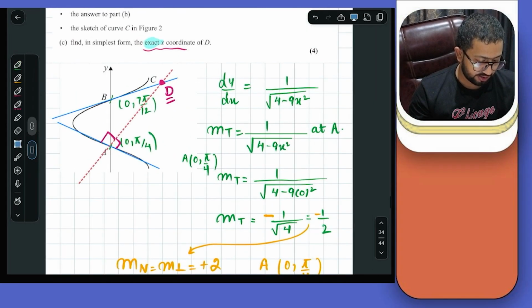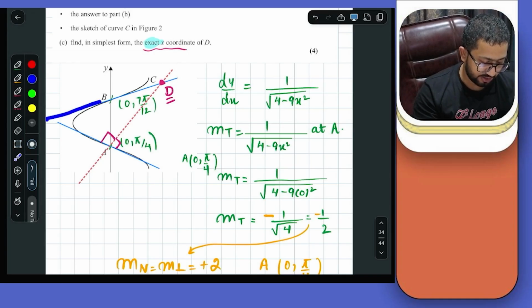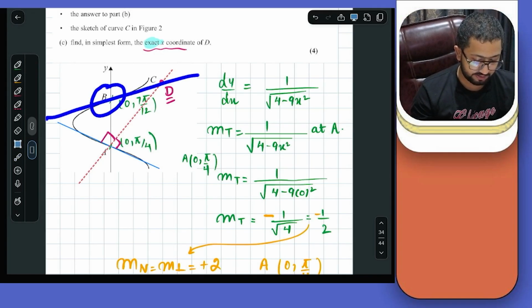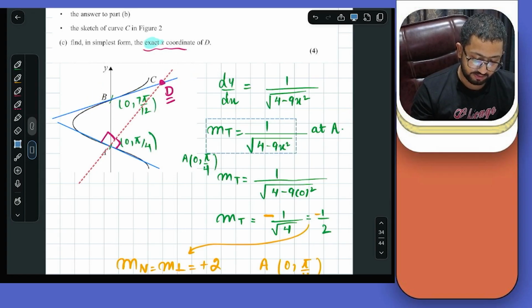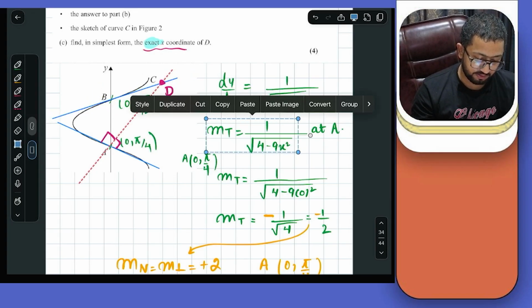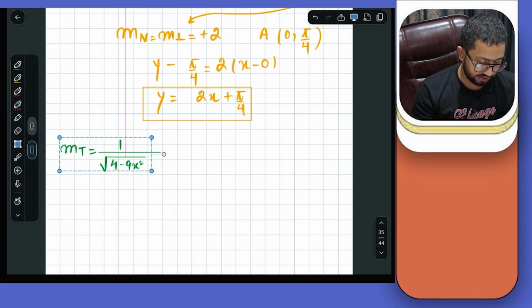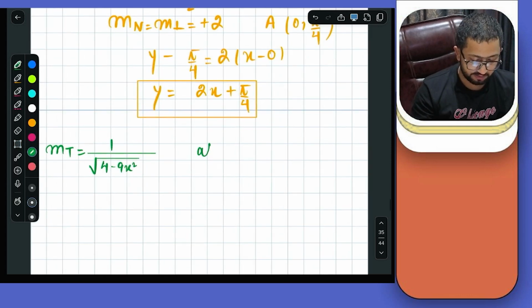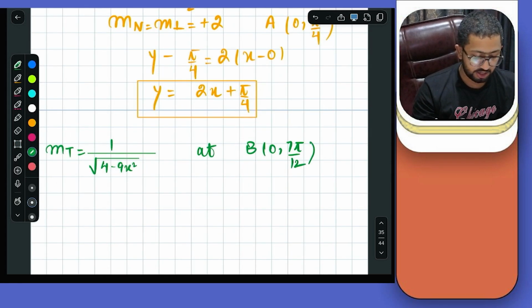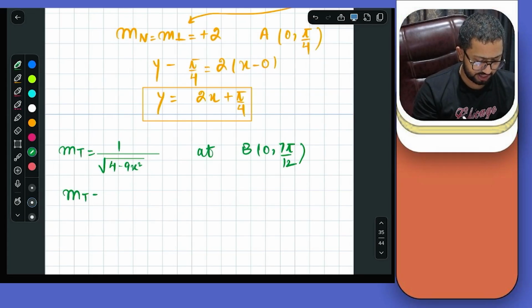Now I want to find the equation of this tangent line at B point. So the coordinates of B is 0 comma... put x equal to 0. Again the gradient of the tangent will be 1 over 2.